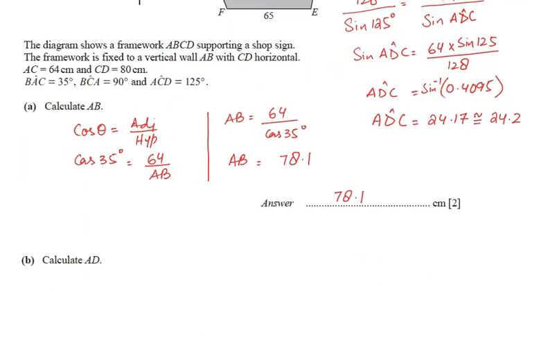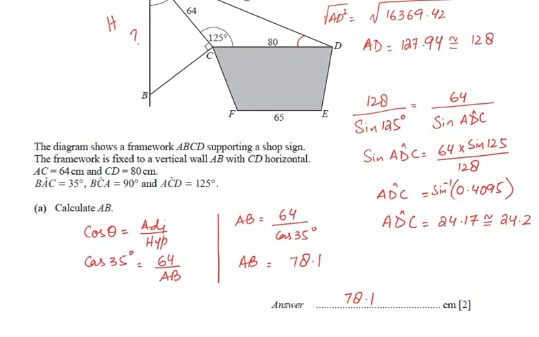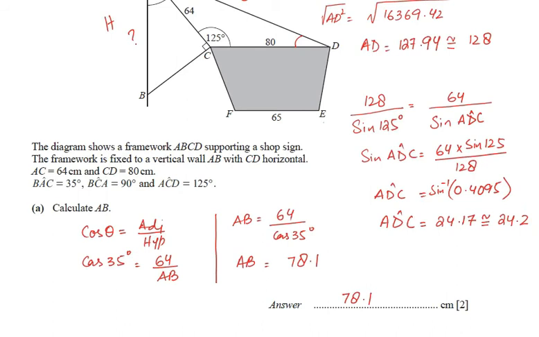CDEF is this shaded region, and they are saying that FE is parallel to CD, meaning these two sides are parallel, and this one is 40 centimeters below this. This parallel side is 65 and this parallel side is 80.